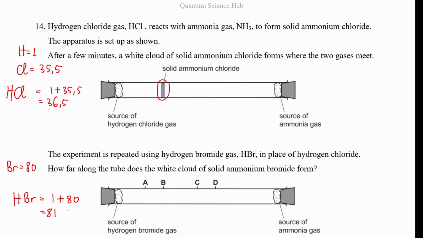Because based on the theory, greater mass will travel slower. If using HCl, it will travel to the position of B, which is in here. So if you're using HBr, because it has the greater mass, it will travel slower. So it is going to be more into the left side. So that's why the correct answer is A.